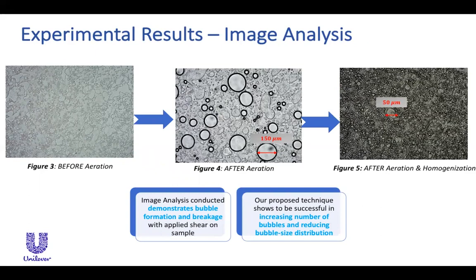Figure 5 shows Lotion A after being aerated and homogenized at 5,000 RPM, and there's clearly a smaller bubble size distribution within this sample. The bubble size decreased as we measured the largest bubble to be about 50 microns, a significant decrease from the aerated sample. As desired by Unilever, our proposed technique was successful in increasing the number of bubbles while also reducing the bubble size distribution throughout the product.